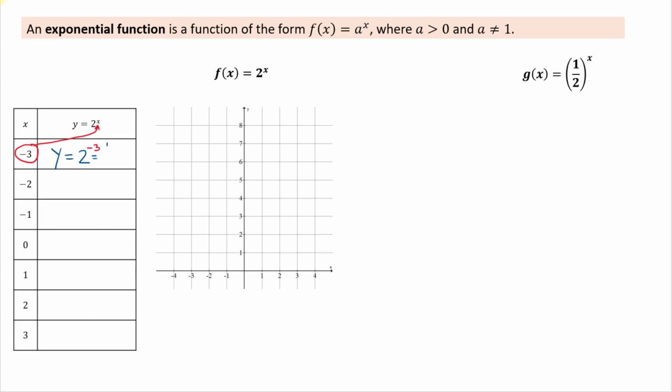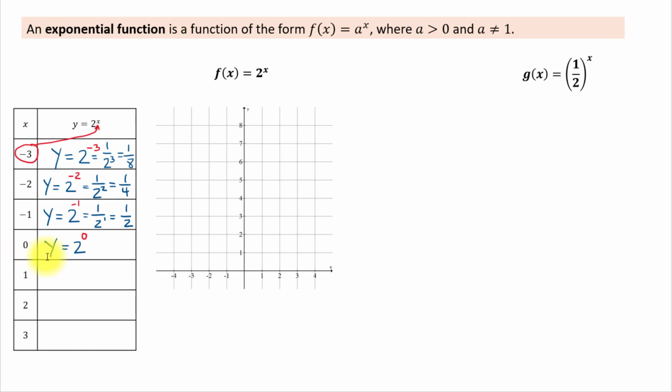So I'm going to write 1 over 2 to the power 3, and that's the same as 1 over 8. So the first point that I found for the graph has the x-coordinate -3 and the y-coordinate 1 over 8. And in the same manner, I found the corresponding y-coordinates for the x values -2 and -1.